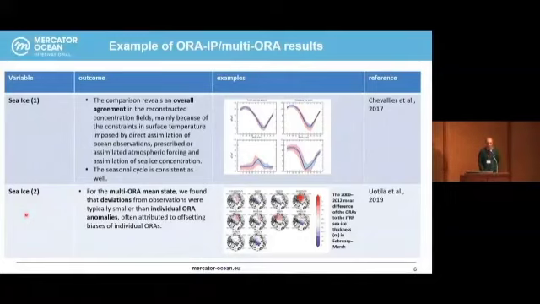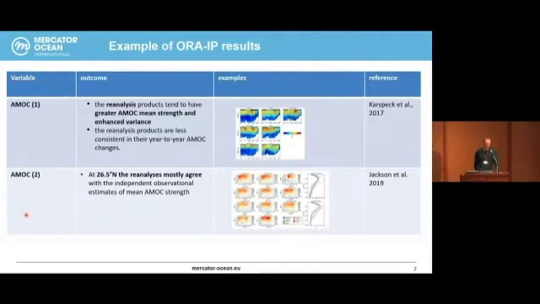And the last one is the Atlantic overturning circulation. Here I selected 2 papers also. This is something more complicated for ocean reanalysis for the moment. In some papers, it's been shown that reanalyses have a stronger overturning and a lot of variation between the different members.